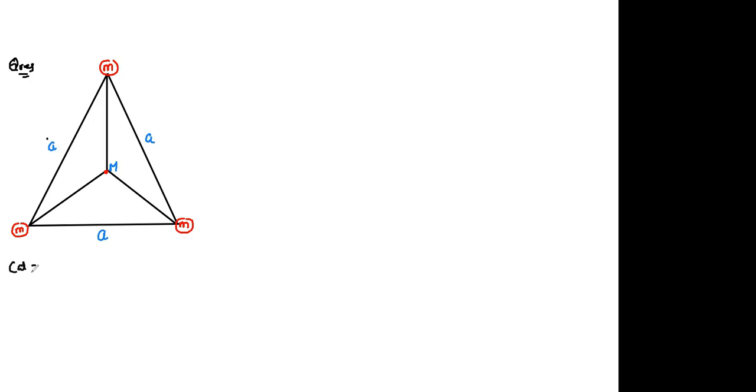Calculate the force on mass capital M placed on the centroid. Now can you guess the number of forces acting over capital M?